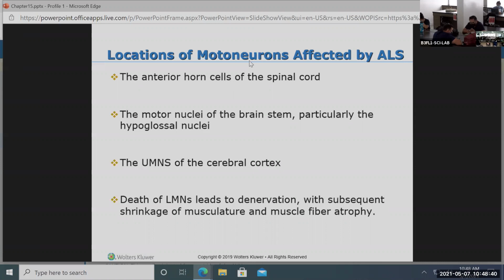The hypoglossal nuclei give rise to the 12th cranial nerve, called hypoglossal. When the hypoglossal nuclei become affected, the person has difficulty swallowing. Not only respiratory arrest because of the diaphragm, the person is also unable to swallow because the tongue becomes paralyzed. Tongue is a skeletal muscle. Diaphragm is a skeletal muscle.